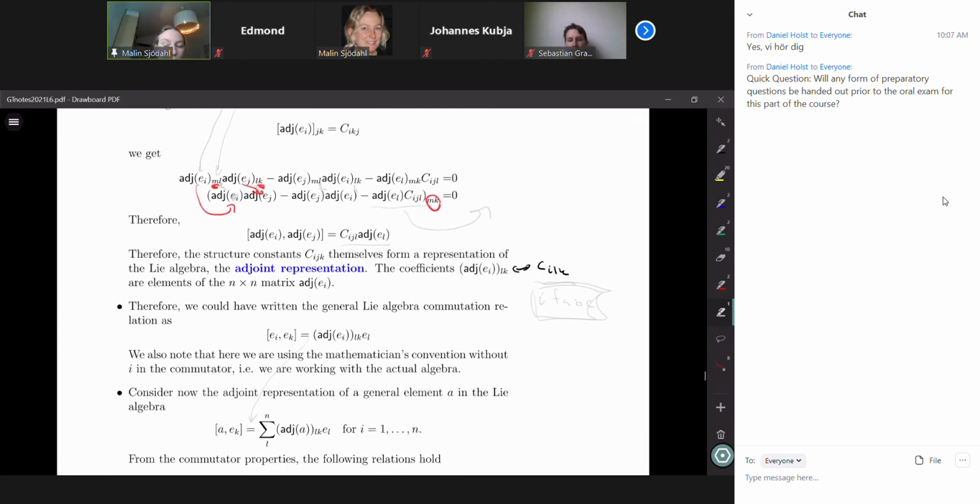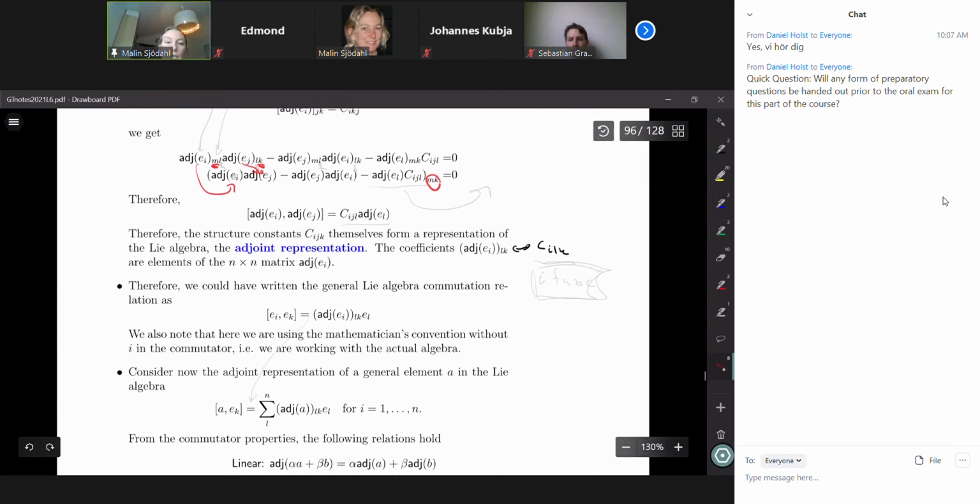Okay, so actually we could have written the commutator relation as the adjoint representation EI component LK EL.